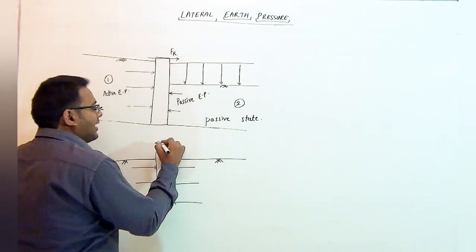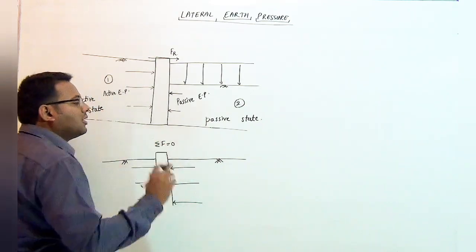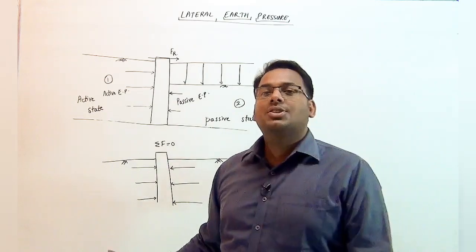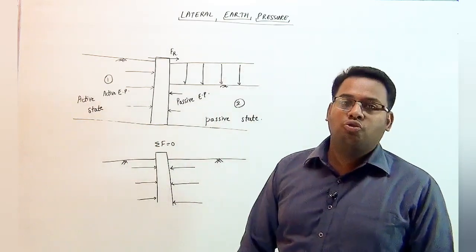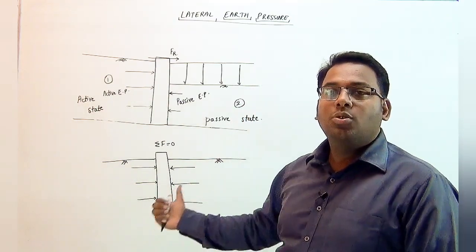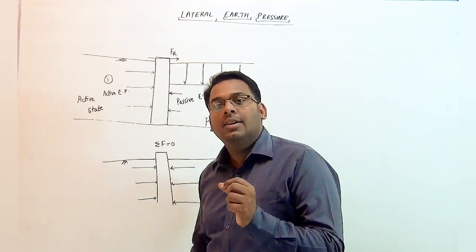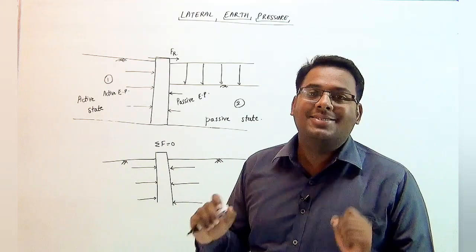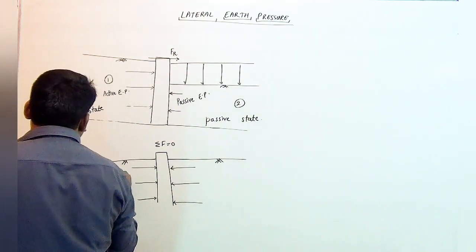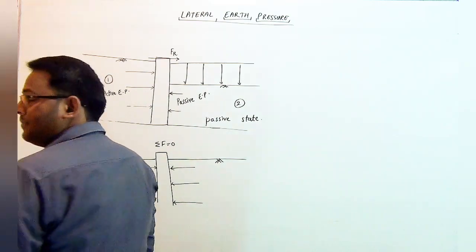In that particular case, the net force on the retaining structure will be 0, and this retaining structure will have no tendency to move. In that case, the earth pressure exerted by the soil on both sides will be said to be the earth pressure at rest. Hence, the soils are said to be in rest condition.